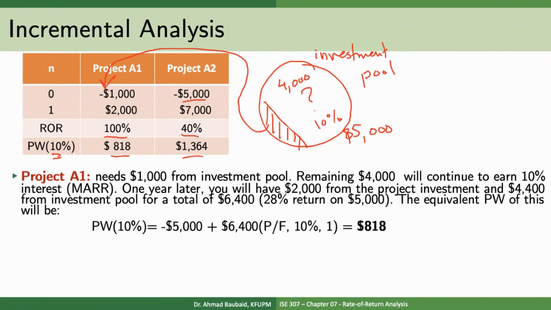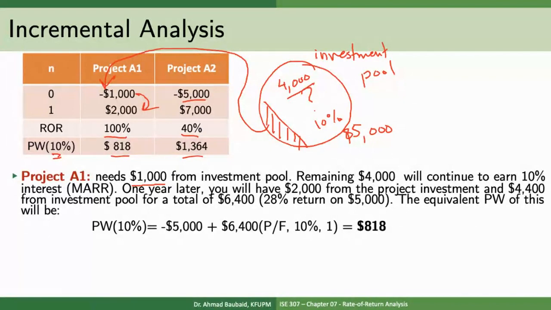Now, what's written here is just describing what's happening. For project A1, I need $1,000 from the investment pool. The remaining $4,000 is going to continue to earn 10% interest at the MAR. What's going to happen 1 year later? From the $1,000, you're going to get $2,000. From the $4,000, remember the interest rate here is 100%, but here it's only 10%.